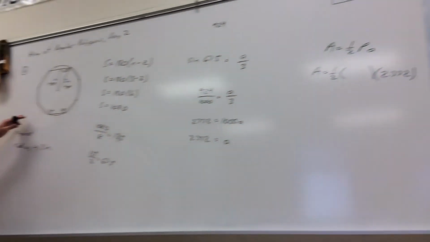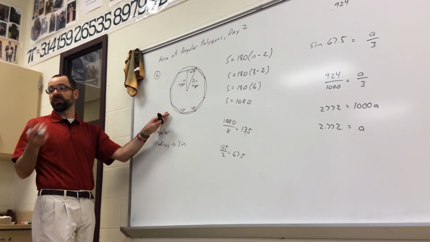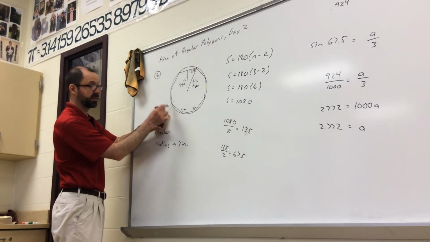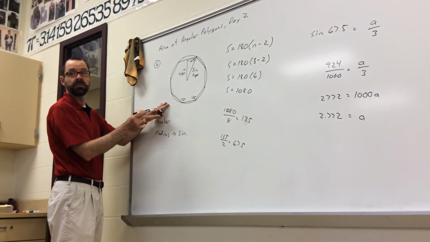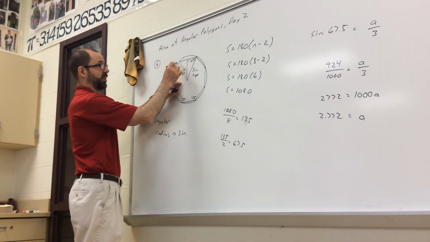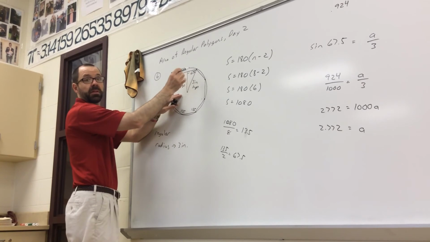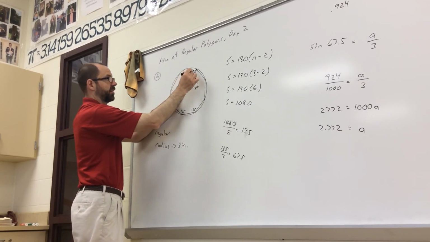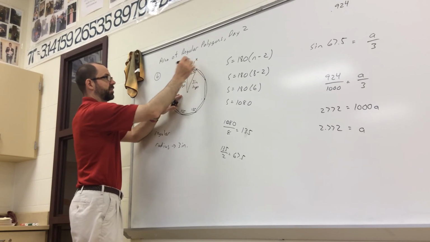So back to our picture. If we're going to figure out the perimeter, we need to know what this length is. Or alternatively, we need to know what this length is. So first I'm going to find out this length. I'm going to call that x.